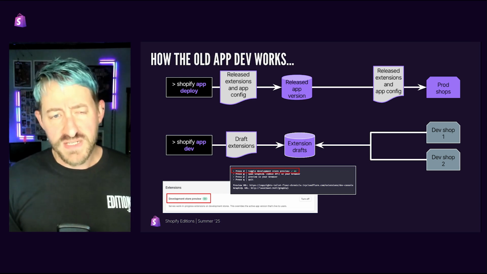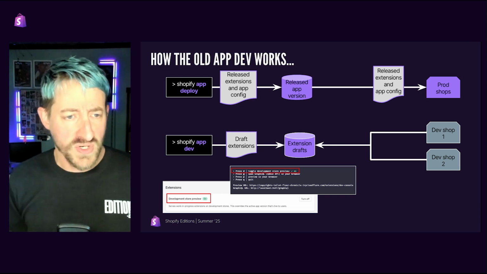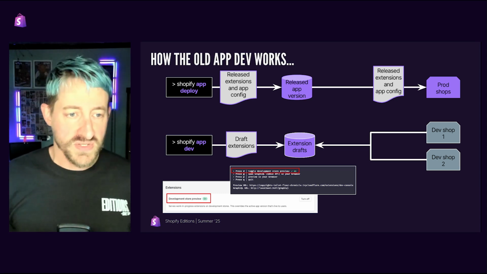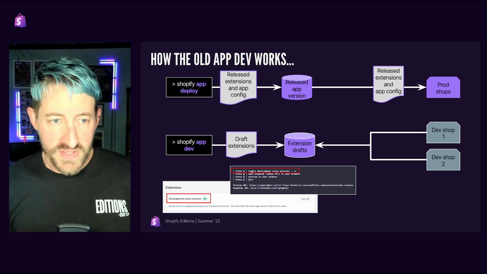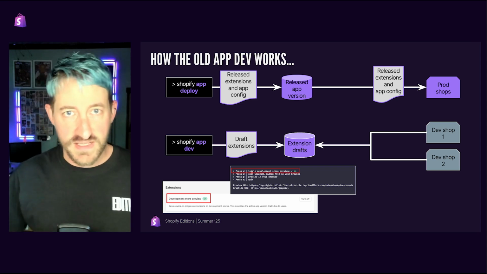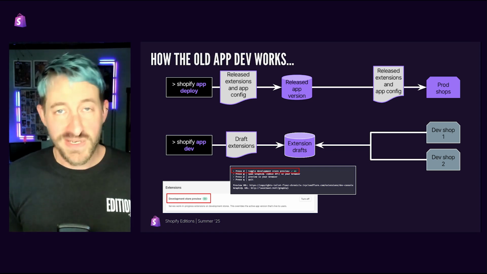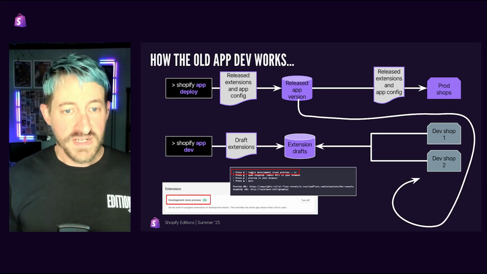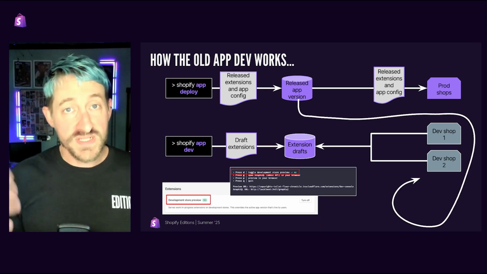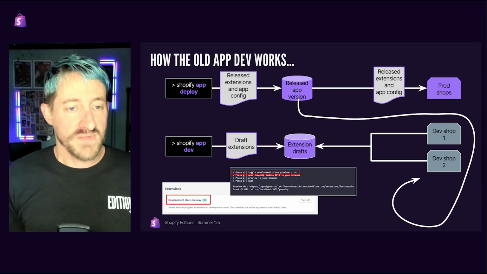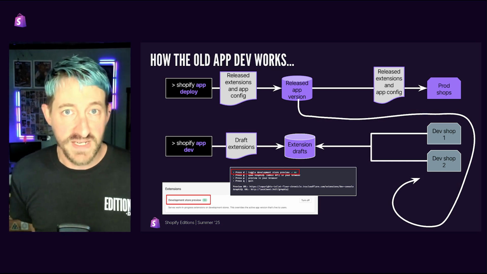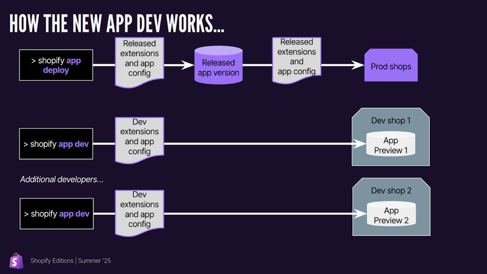But it would only be used if this development store preview feature was on, which the CLI would try to turn on for you, but could also be turned on from Partners. And of course, for app configuration, you still had to deploy it. So lots of convoluted processes that weren't always clear to you as far as why the dev version of your app was behaving as it was.